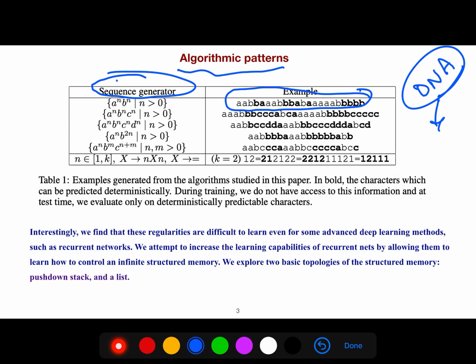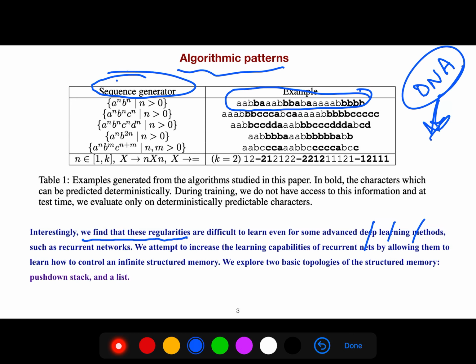It could be an infinite tape, and we want to learn that. We find that these regularities are difficult to learn, even for some advanced deep learning methods. Forget deep learning methods. It's very naive in comparison to what our DNA inside our body is doing.